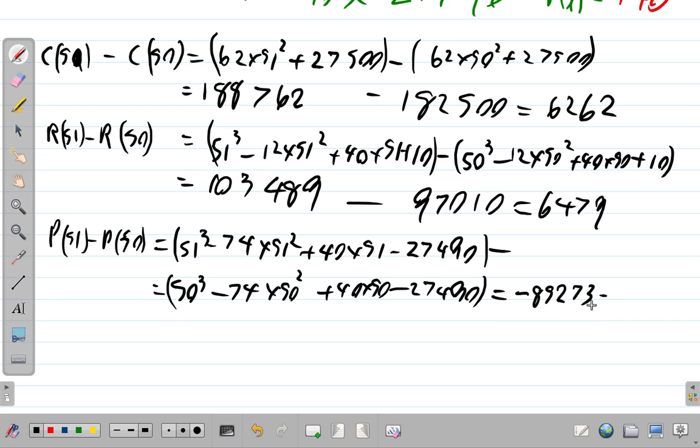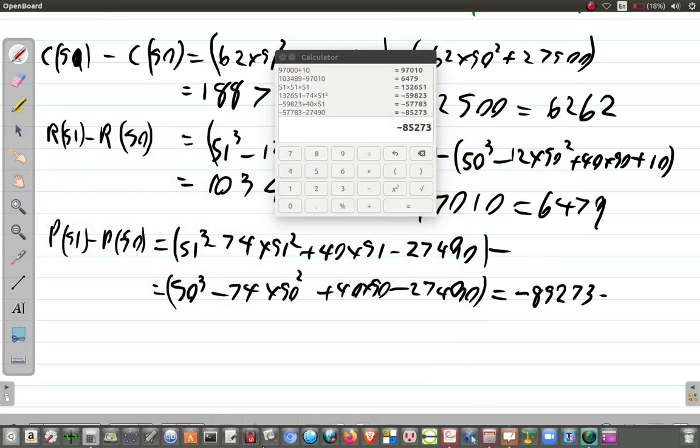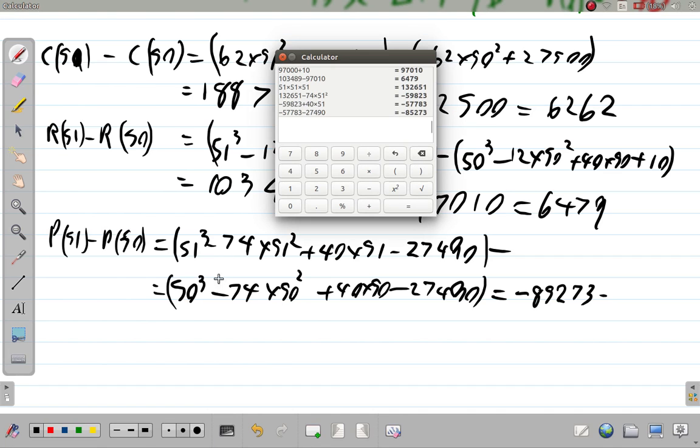Minus, and then this one now, I'm going to do the calculation again, but this time for 50.